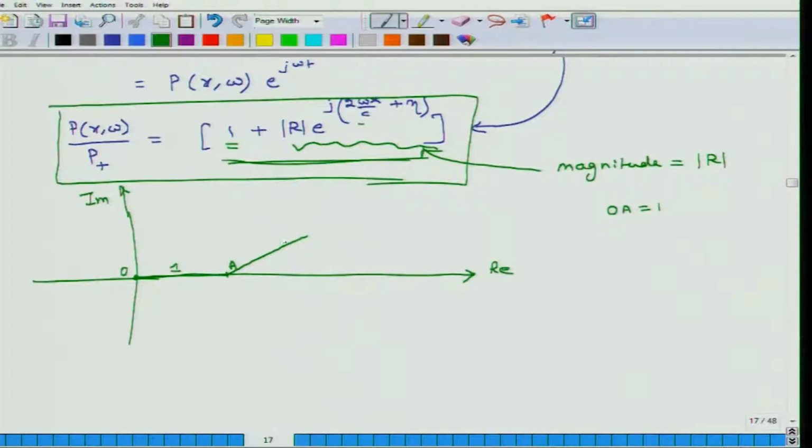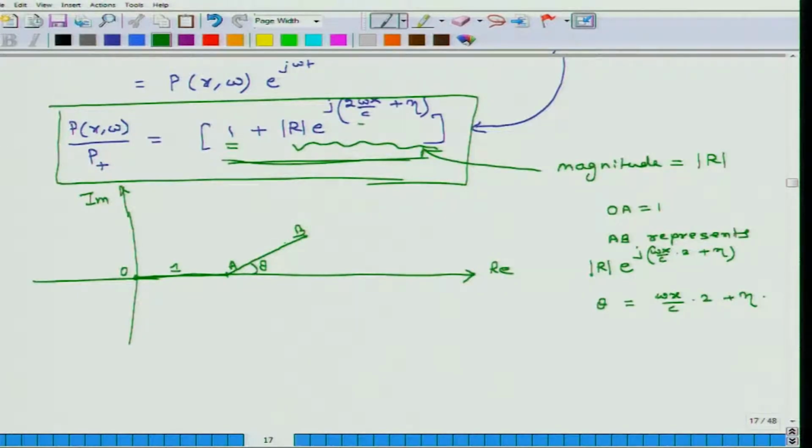So I make another point B, and AB represents e to the power of j omega x over c times 2 plus eta, where theta equals omega x over c times 2 plus eta.